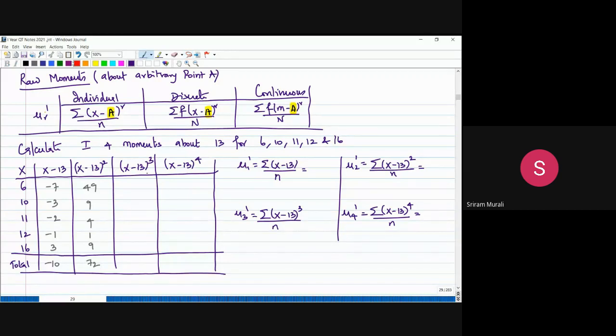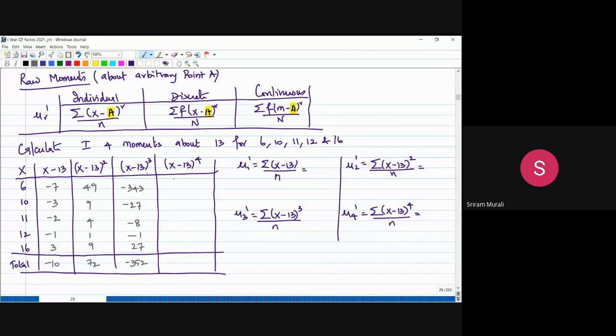Next is the whole cube, 7 cube, that is x minus 13 the whole cube, minus 343, this is minus 27, this is minus 8, minus 1, 27. If I add, I will get minus 352.